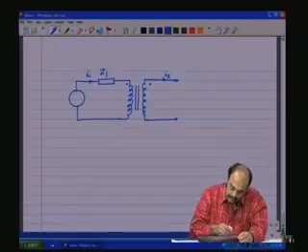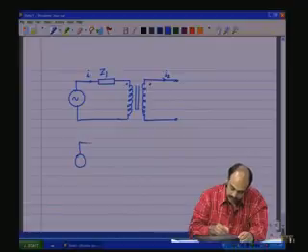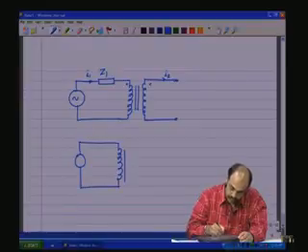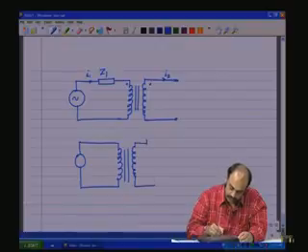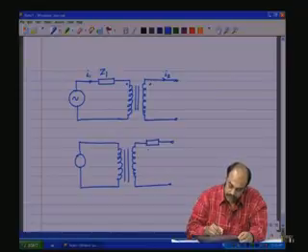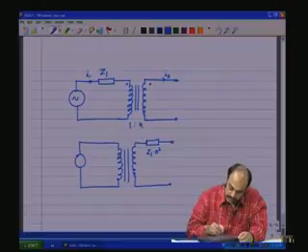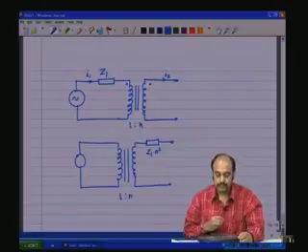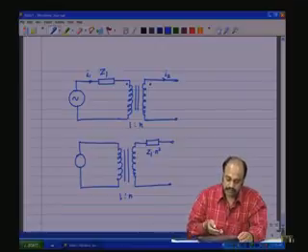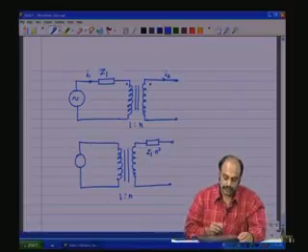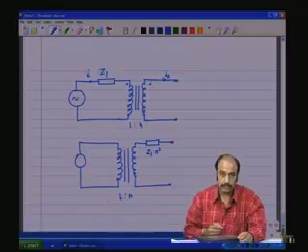This can equally be represented as an impedance on the secondary side which is Z1 into N square, where 1:N is the turns ratio of the transformer. Or if you have an impedance on the secondary side, it can be reflected onto the primary side by dividing by N square.